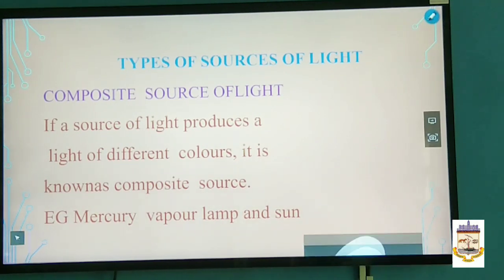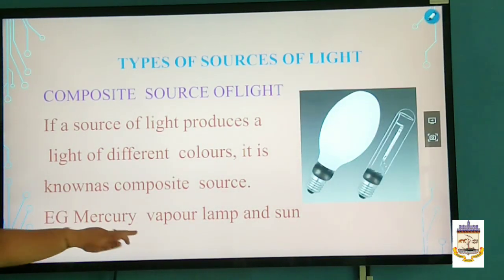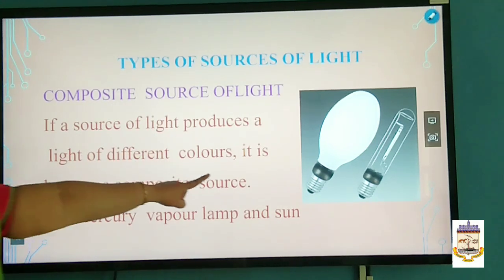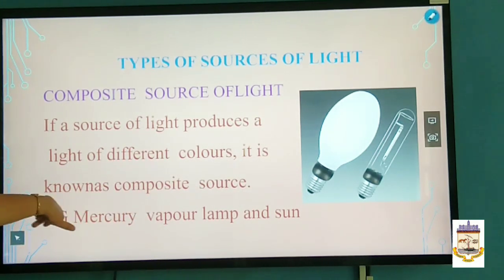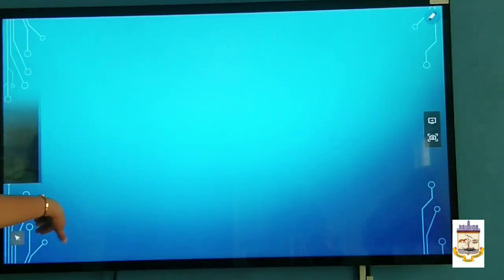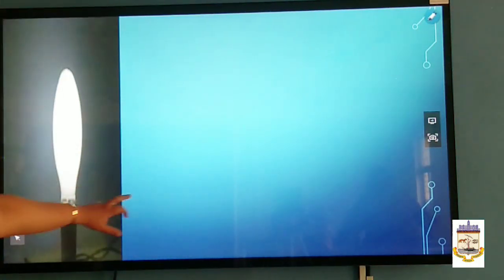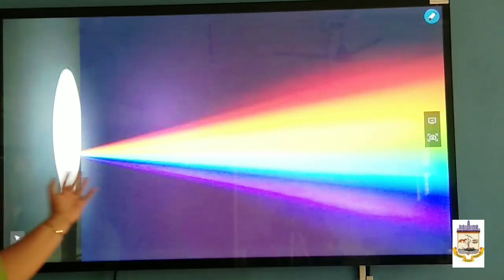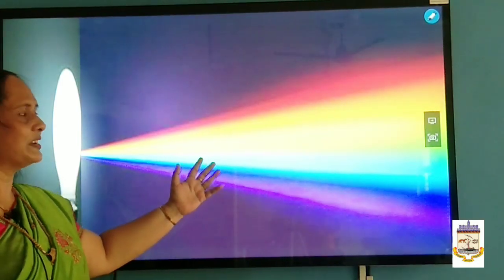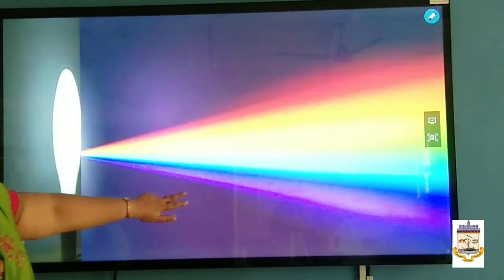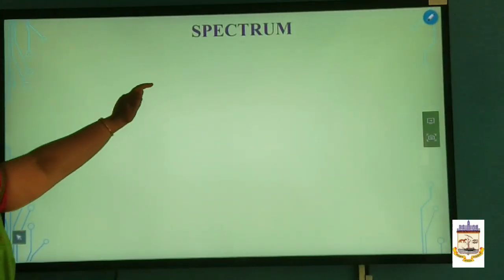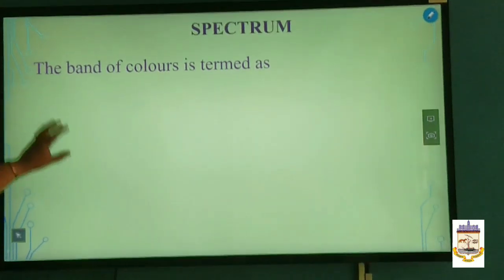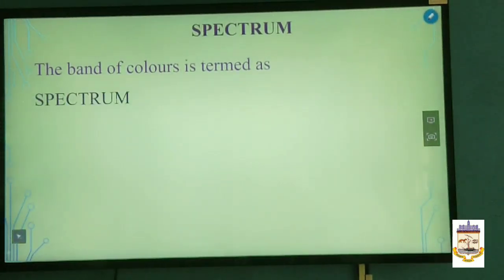Another example is the mercury vapor lamp. See how it produces a band of colors. This band of colors is otherwise called a spectrum.